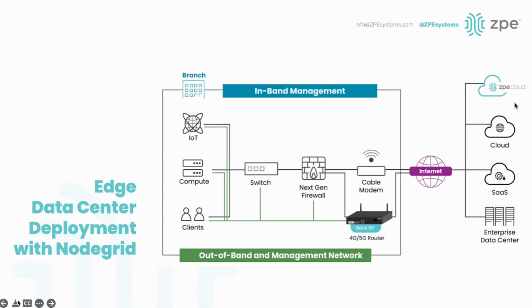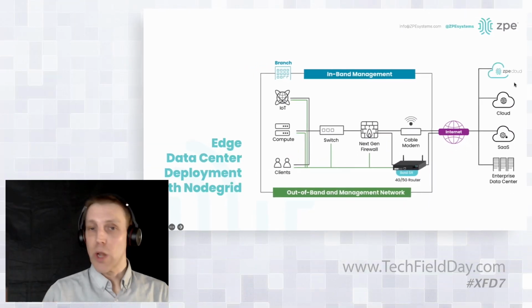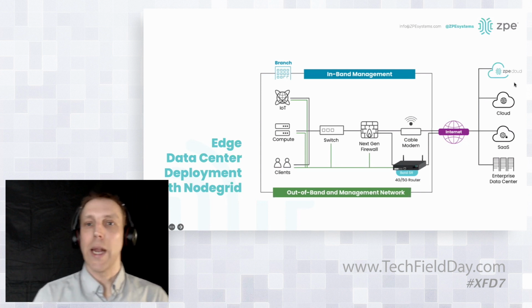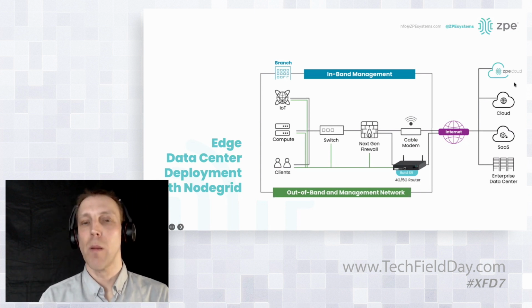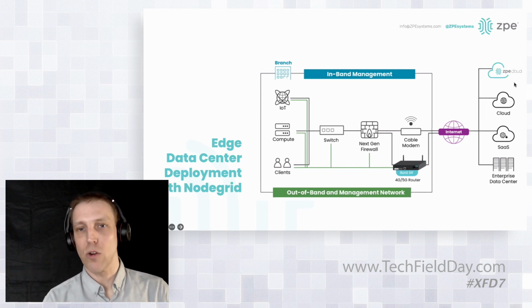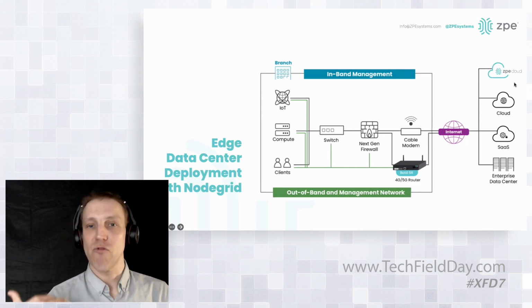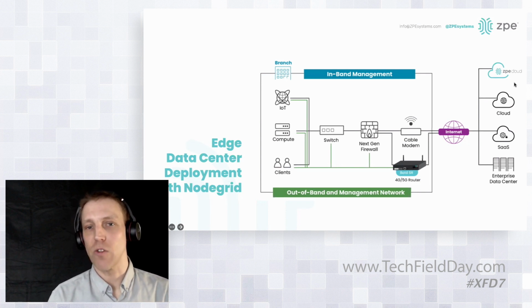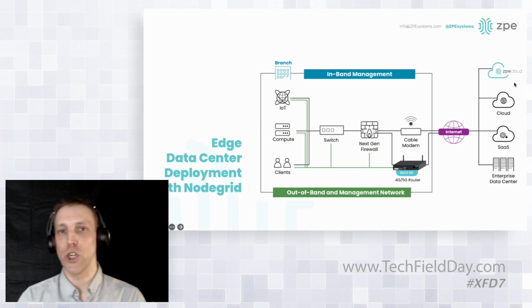So how does it change if we come in? For one, we would typically replace the 4G, 5G modem. You can use our appliances to perform exactly the same tasks. But what we additionally bring, beyond purely the wireless connectivity, is a dedicated out-of-band management network to your branches.